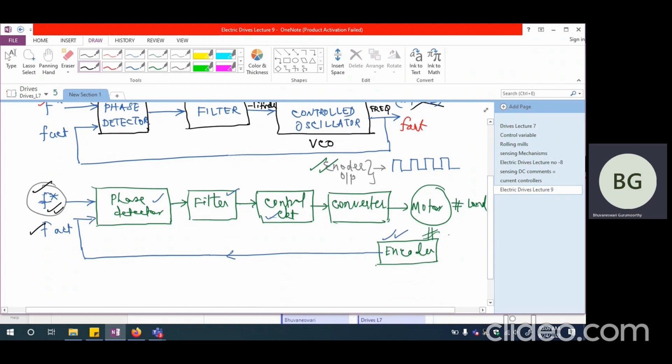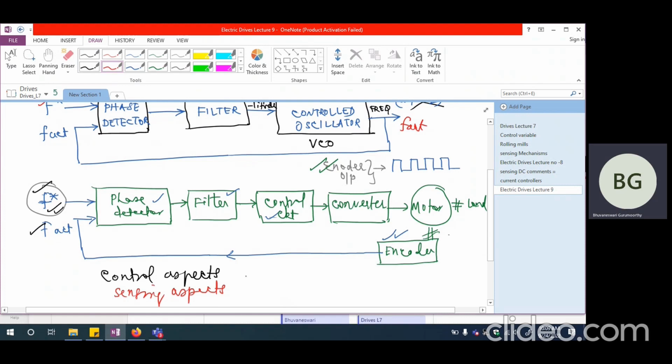Until now, what we had been discussing about the drive system was its control aspect. What are all the different control configurations that can be utilized to achieve the required amount of torque and speed from a drive system? And we also looked at sensing aspects: how to sense voltage, how to sense current, how to sense speed, all these things we looked at.